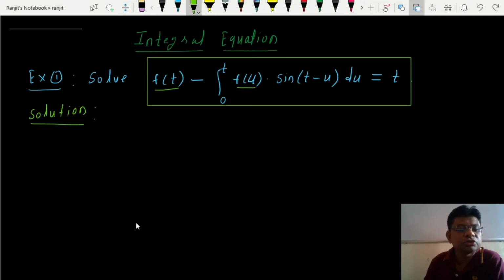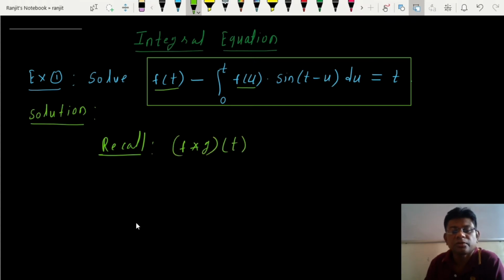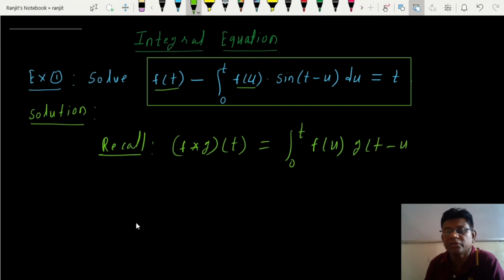Now, for the solution, we recall convolution of two functions, that is f star g of t is equal to integral 0 to t f of u times g of t minus u du. Now, convolution theorem for Laplace transform.